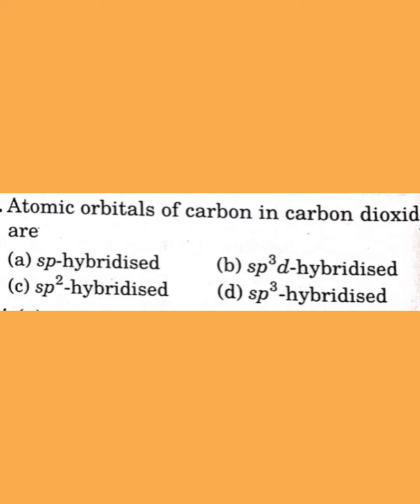In the formation of carbon dioxide molecule, hybridization of orbitals involves only one s and one p to give sp type of hybridization. So the correct answer is option A, sp hybridized.